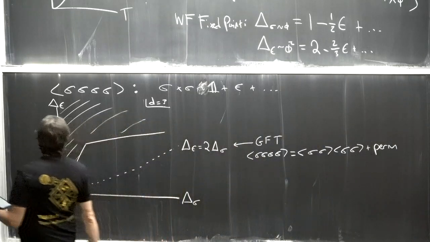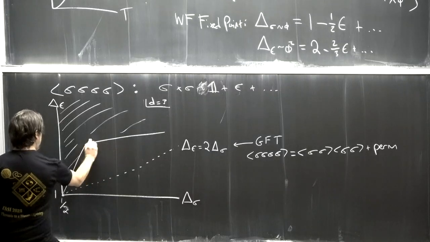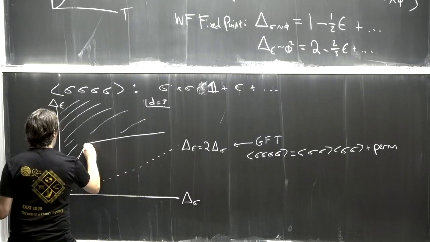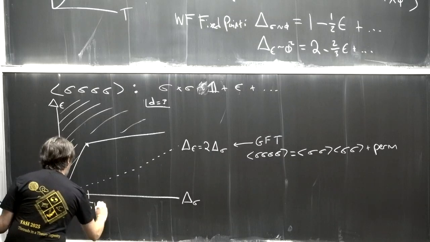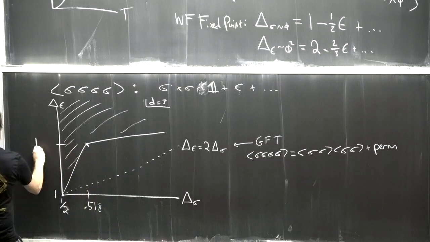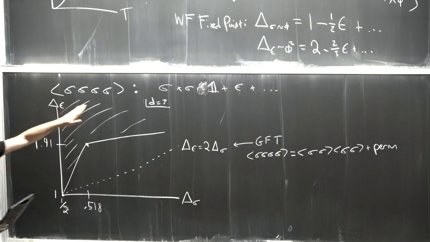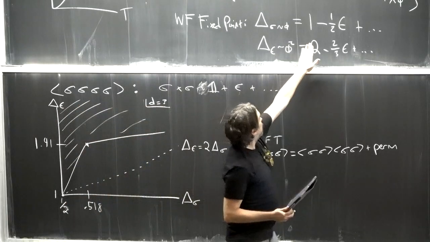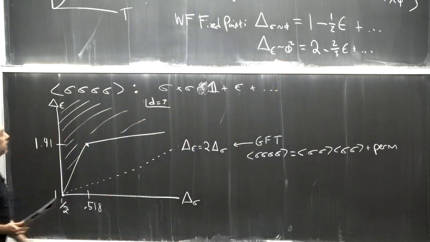Okay, so of course the other interesting feature of this bound is there's some kind of discontinuity in it. So this happens at like 0.518 on this axis, 1.41 on this axis. You can even see from up here that these are close to where you expect these operators to be for the Wilson-Fisher fixed point.